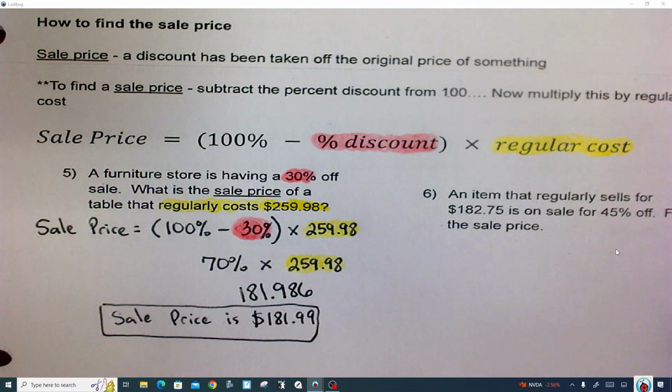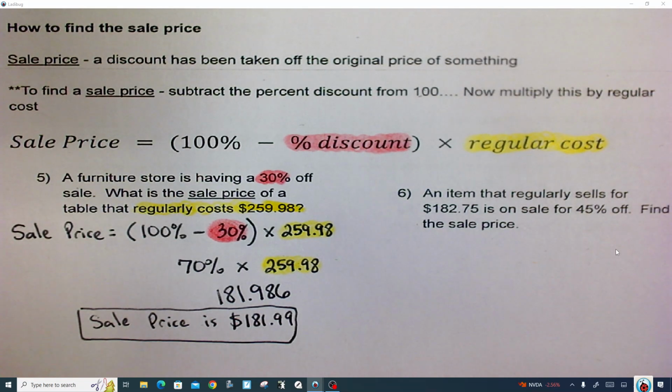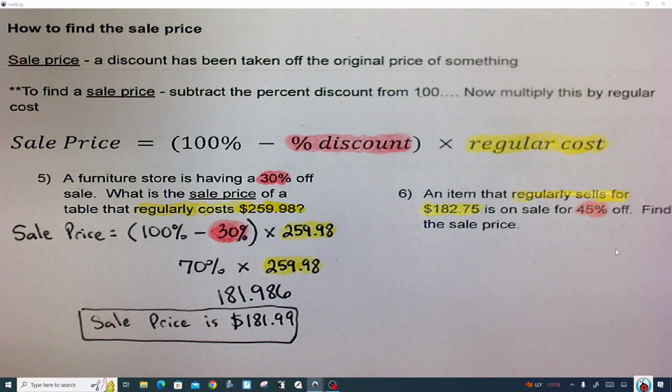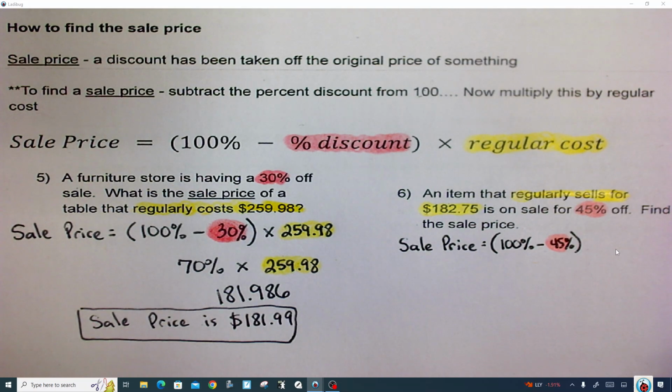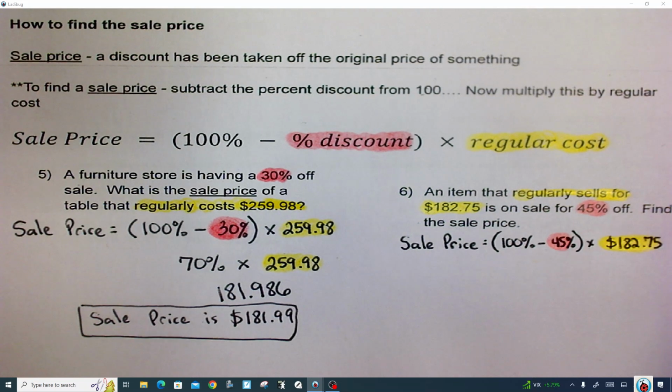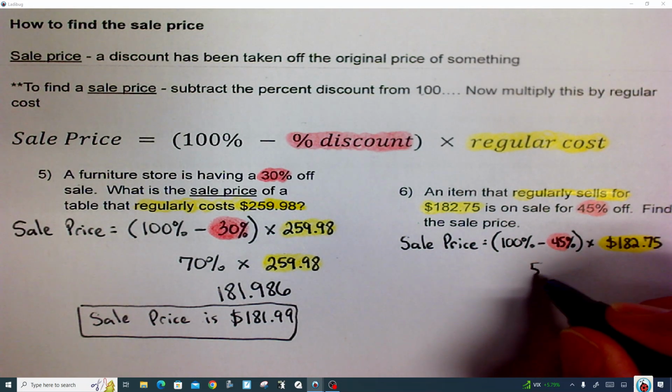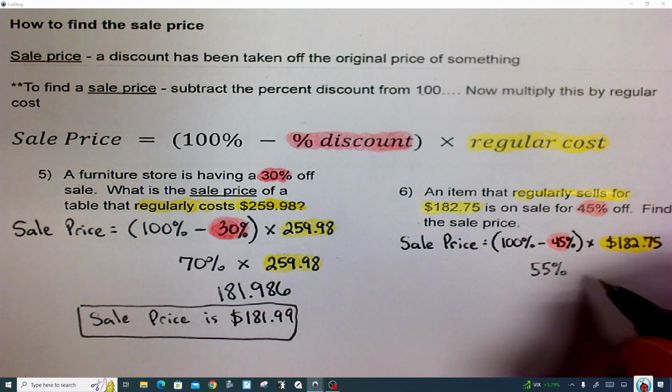How about you try your luck at number 6 over here? So this part I like to just do in my head right here. We'll call this 55%.